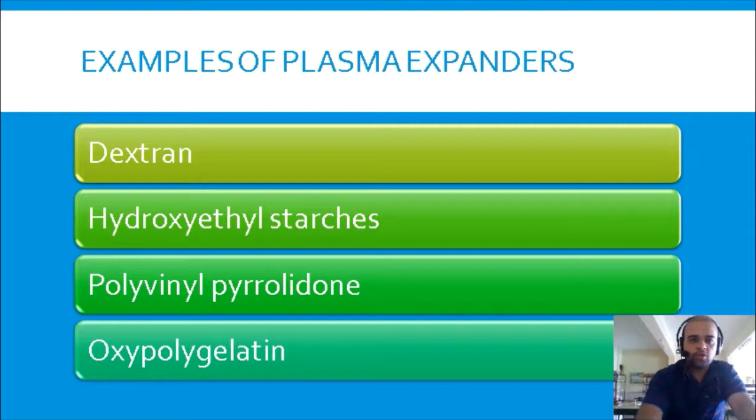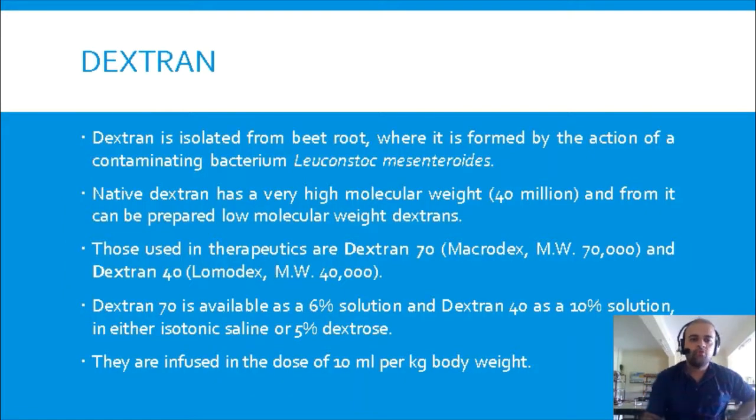Okay, so examples of plasma expanders include, first and foremost, Dextran. Then we have hydroxyethyl starches. Then we have polyvinyl pyrrolidone. Then we have oxypolygelatin. Okay, so next, let's see about Dextran.